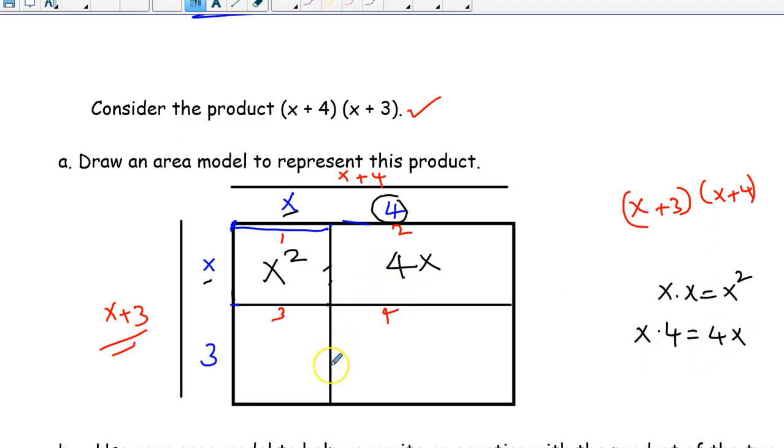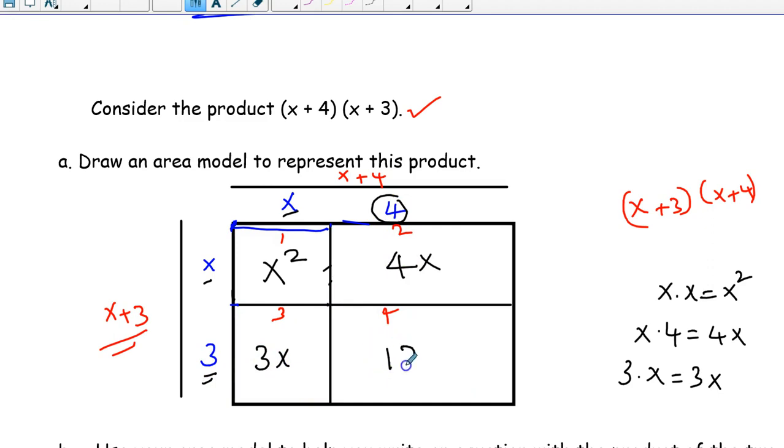Now the third rectangle, the third piece here, 3, and what is this one? 3 and x. So 3 times x gave you 3x. I'll put it here. 3 times x is 3x. And the last rectangle, that length is 3, and the other one is 4.